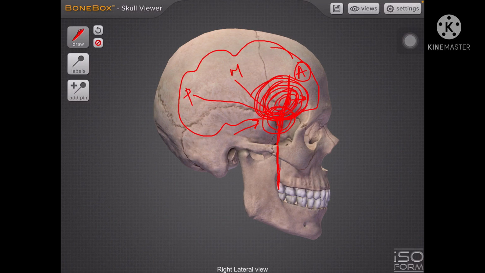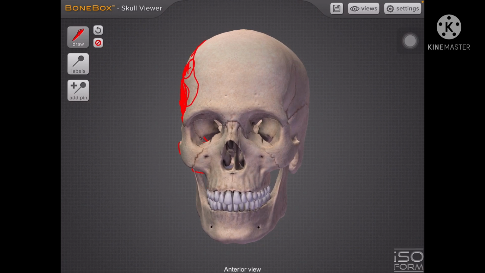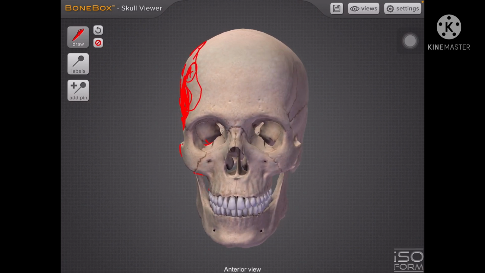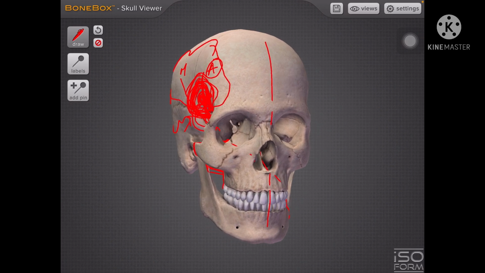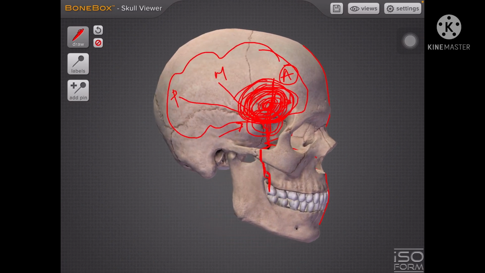Extradural hemorrhage may compress the cerebral region, ultimately leading to paralysis on the opposite side of the body. That is, the limbs. That is the main significance of this region, and I have explained it clearly.